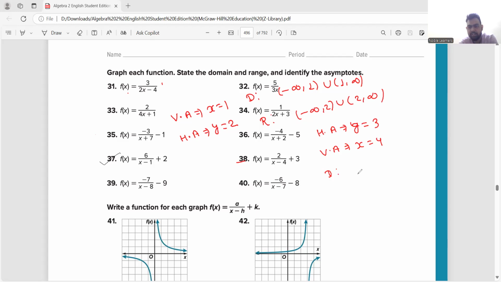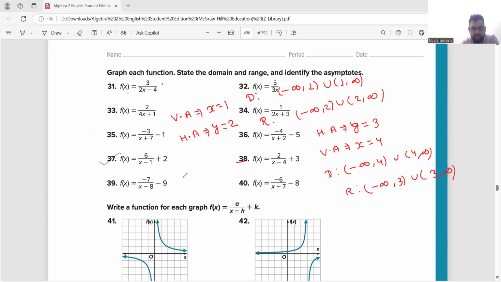Domain. Quick, quick. You already know the vertical asymptote, so you don't have to think much about that. Negative infinity to 4 union 4 to infinity. Range. Negative infinity to 3 union 3 to infinity. Okay, try these two questions quick.